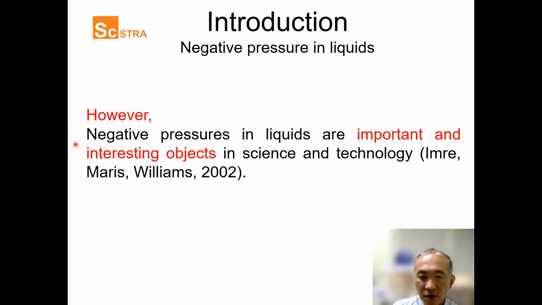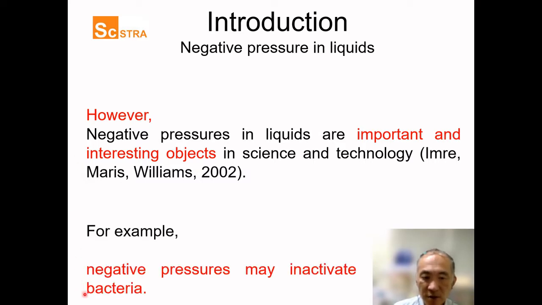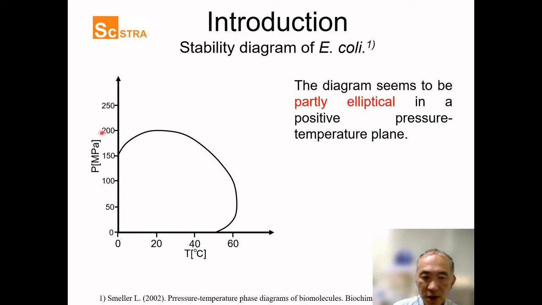However, negative pressures in liquids are important and interesting objects in science and technology. For example, negative pressures may inactivate bacteria. This graph shows a stability diagram of Escherichia coli. The diagram seems to be partly elliptical in a positive pressure temperature plane.